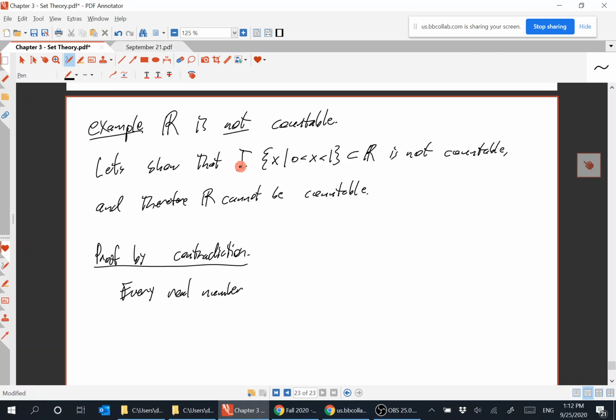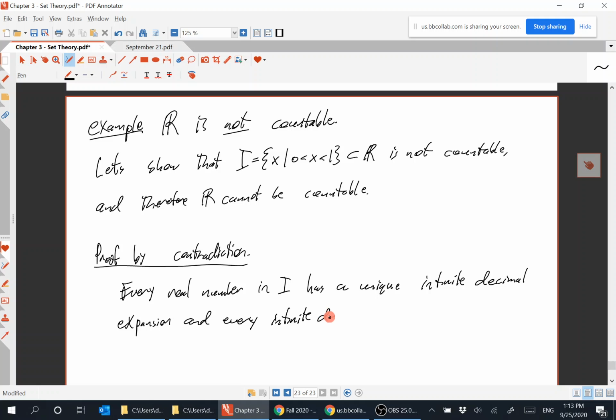Just call it I. Every real number in I has a unique infinite decimal expansion, and every infinite decimal sequence is a real number.